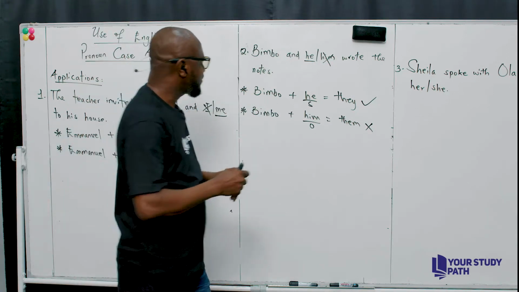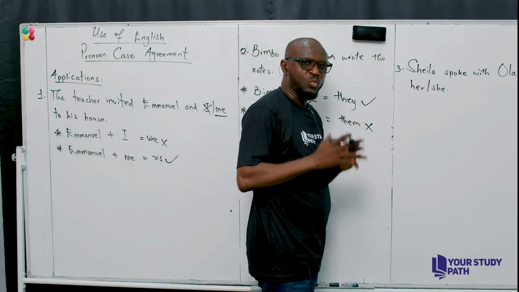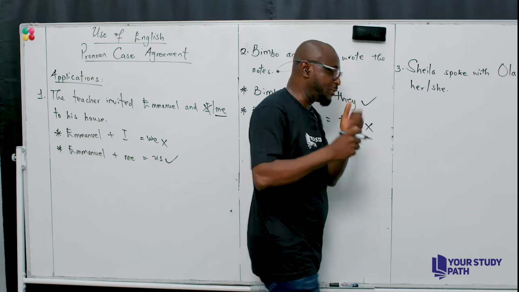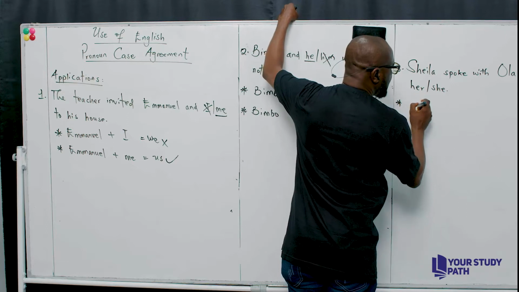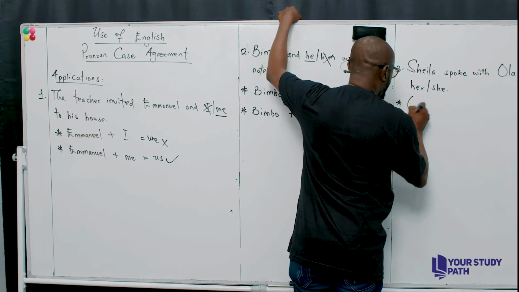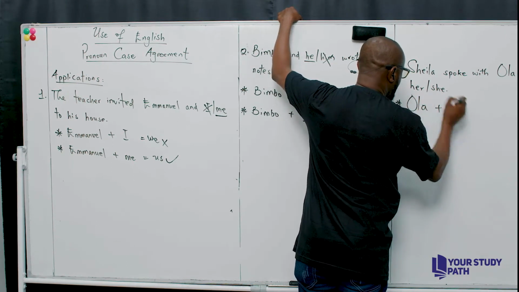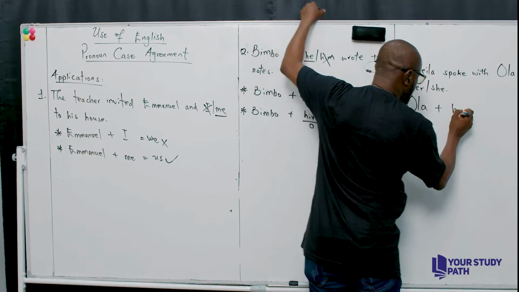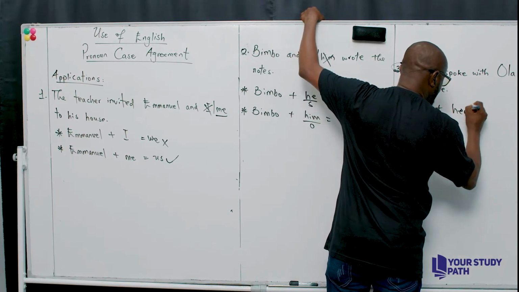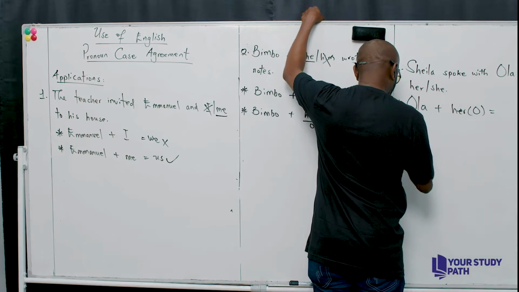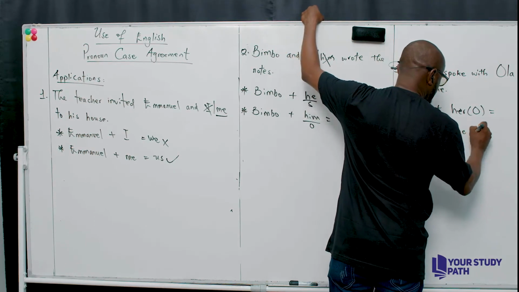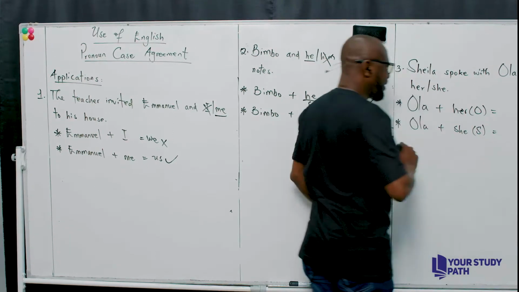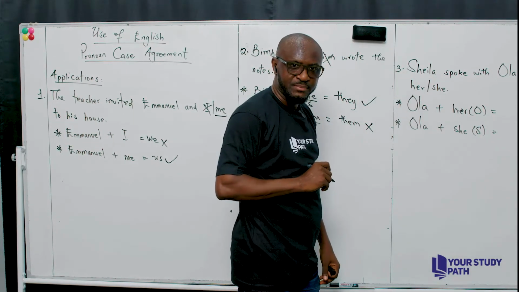Let's see. As usual, we do our regular extraction. Now look at it. We have Ola plus her. Don't forget, her is an object case. Then Ola plus she. She is a subject case.